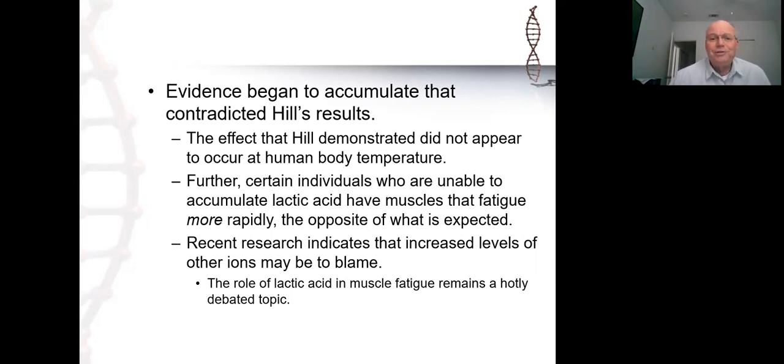More research is required in order to answer the question. And there are ongoing studies, but the preponderance of information these days suggests that the lactic acid is a symptom, not a cause of the cramping and the anaerobic behavior of the muscles.